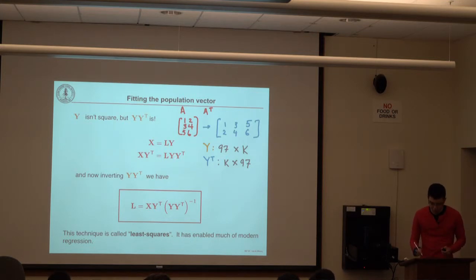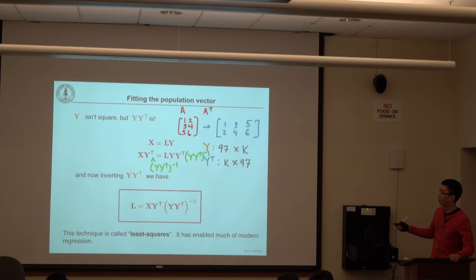I'll write this in green, multiply here by Y transpose negative 1, and to keep this equation true, I'll have to multiply the other side also by Y transpose negative 1. But now the benefit is that these two terms will cancel out to give the identity, leaving just L on this side of the equation. And so we'll arrive at our final solution, L equals X Y transpose times the inverse of Y Y transpose.